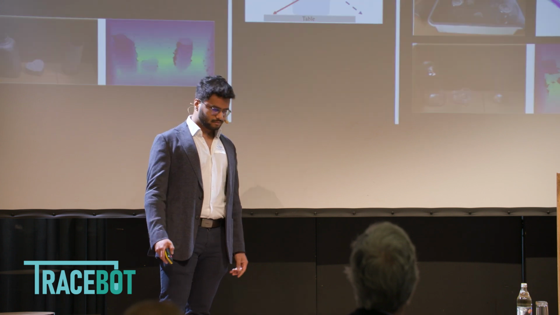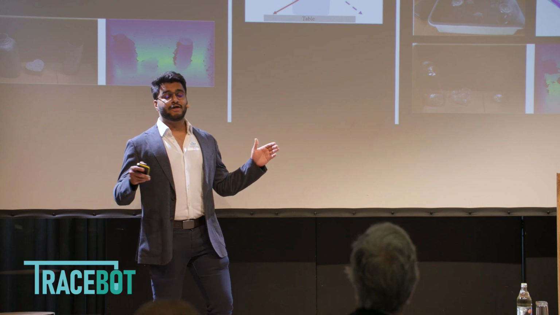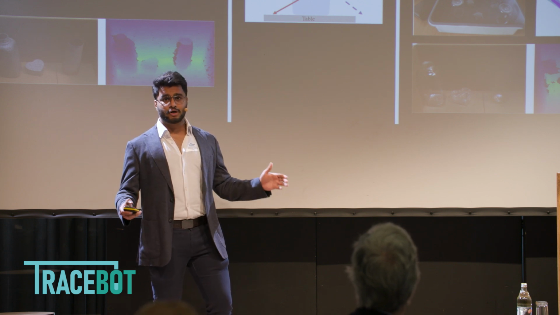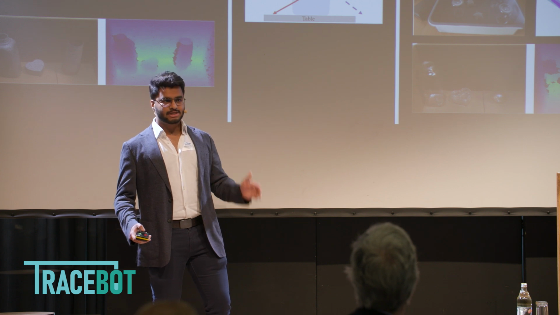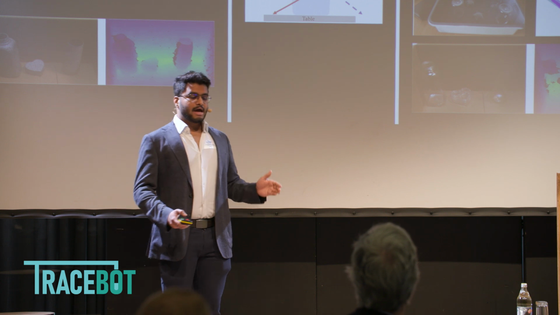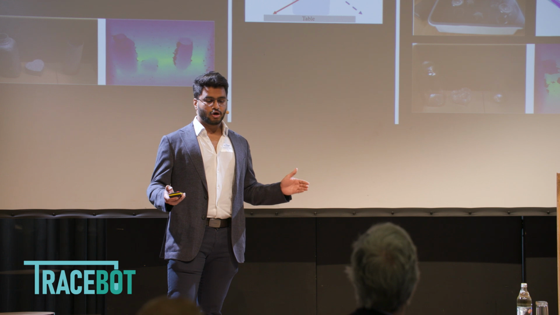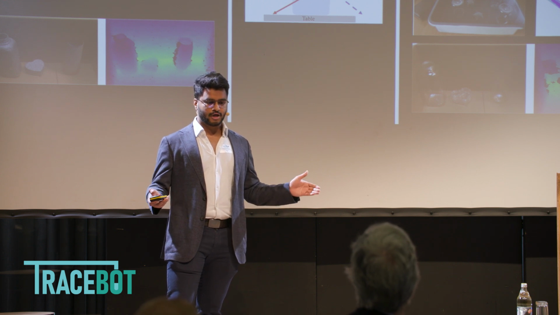One of the key requirements for either doing pose estimation or grasping a particular object is its depth information. And for transparent objects, it's actually pretty bad. We get a lot of bad and erroneous depth for transparent objects.